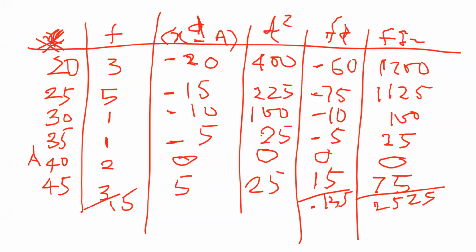You said FD is what, sir? FD column. And FD column is minus 135. It should be 145, sir. Okay, let's see it together. Minus 60.